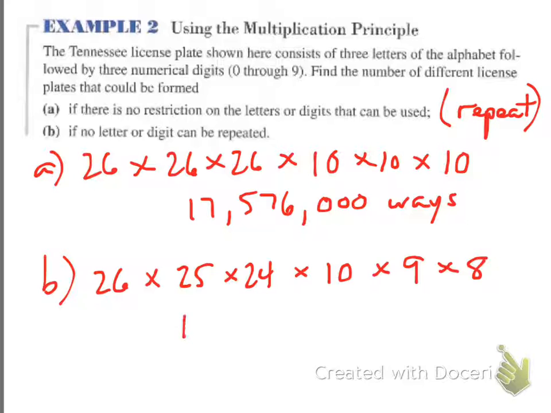So if I multiply all those together, I get 11,232,000 ways. So obviously that's about a third less than if you could repeat. But that's how you do the multiplication principle.